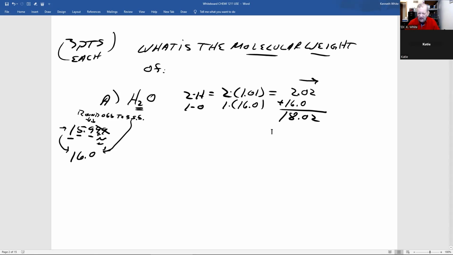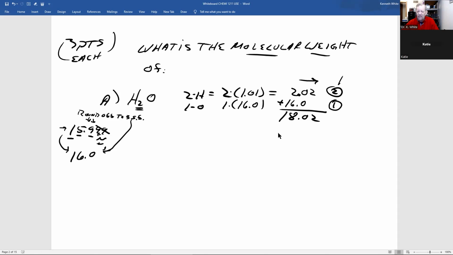Now, to the right of the decimal, you get the same number of significant figures to the right of the decimal as the number that has the fewest significant figures to the right of the decimal. How do we do that? Here's my decimal point. All numbers to the right are going to be significant. This number has 2 to the right of, not the whole number, just to the right of the decimal point. Next, 16.0, the 0 is significant.